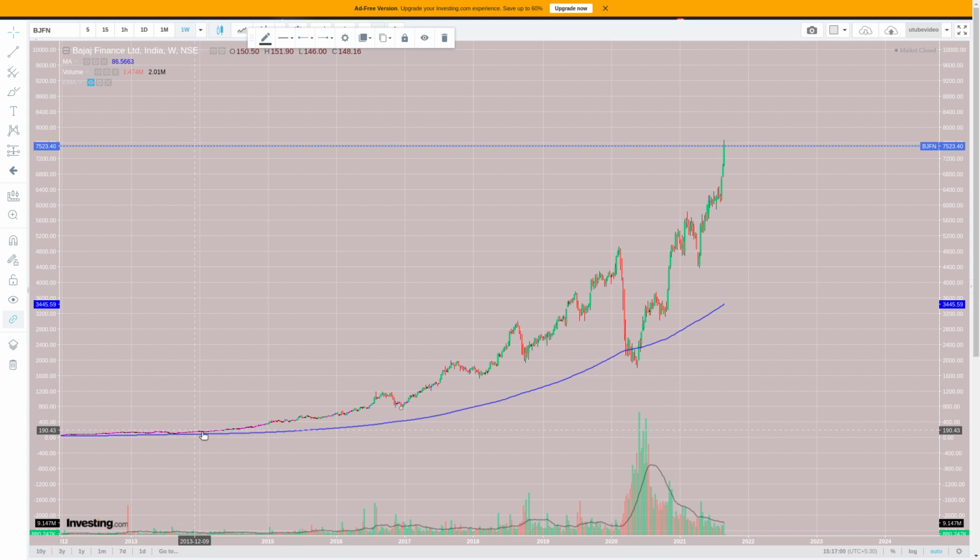Of course you can see it was trading at 150 over here, and right now it's at 7500 levels. So the structure was very simple, the investment idea is very simple. You just have to find stocks that over a long period of time were able to maintain their 200 SMA on a weekly chart, and stick with those.